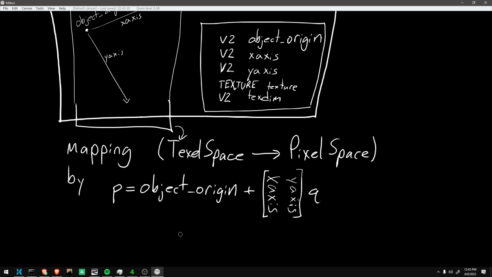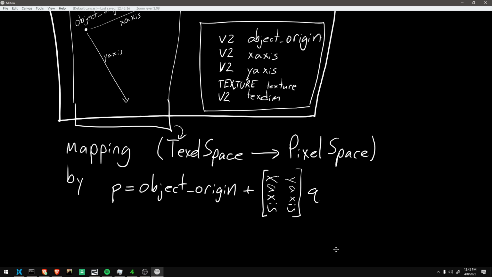So this is actually a 2 by 2 matrix, since x-axis and y-axis are each vectors of size 2. The column orientation of the x-axis vector and y-axis vector form this 2 by 2 matrix.